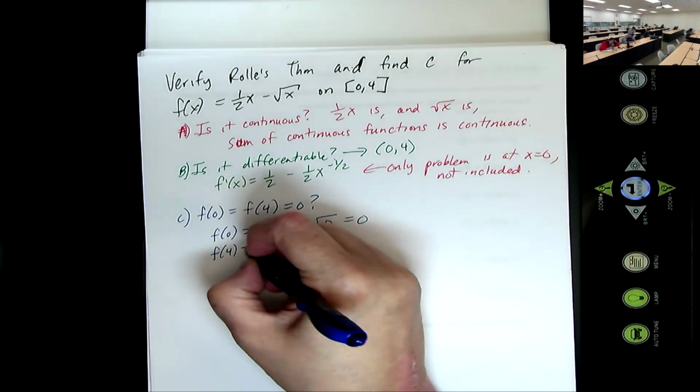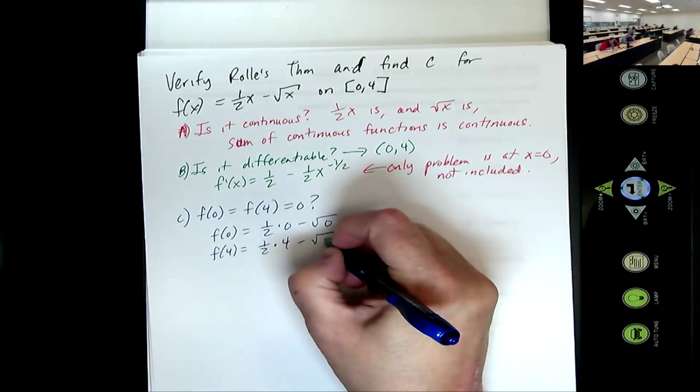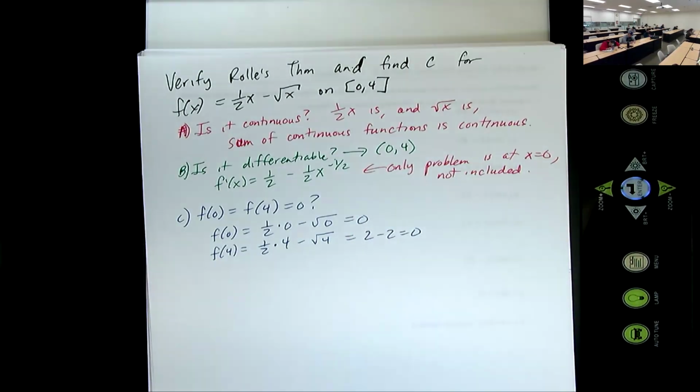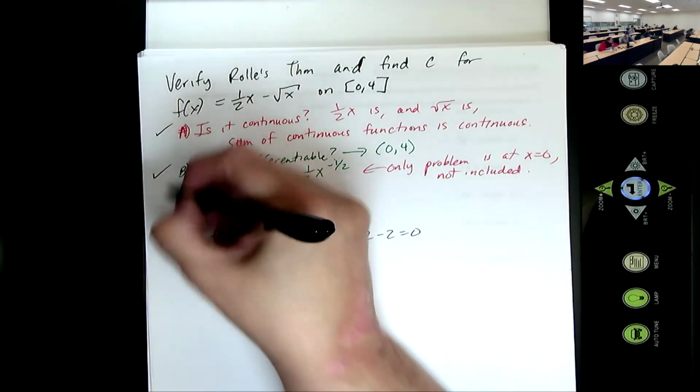F of 4 is 1/2 times 4 minus square root of 4. 2 minus 2 is 0 also. Which means we met all the criteria. A, B, and C are met.